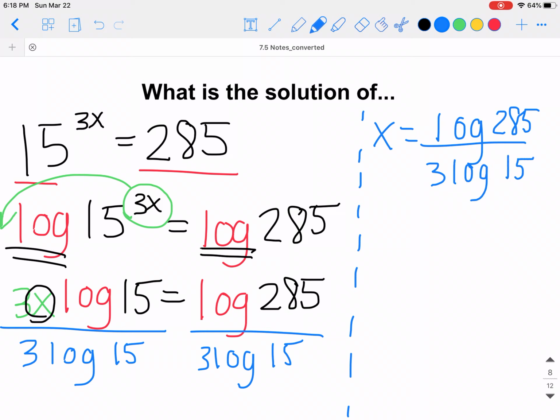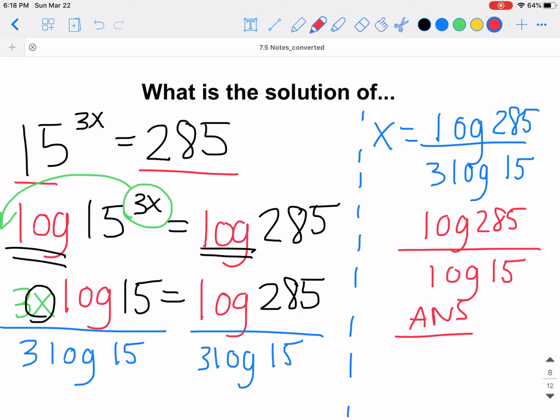You can plug this into your calculator using parentheses, or to make this a little bit easier, you can first plug in log 285 divided by log 15. Once you do that, you're going to plug in your calculator's answer divided by 3. So either way, you're going to get the same solution. When you plug this into your calculator, you get an x value of approximately 0.696. So our final answer, x is approximately 0.696 after using your calculator to solve.